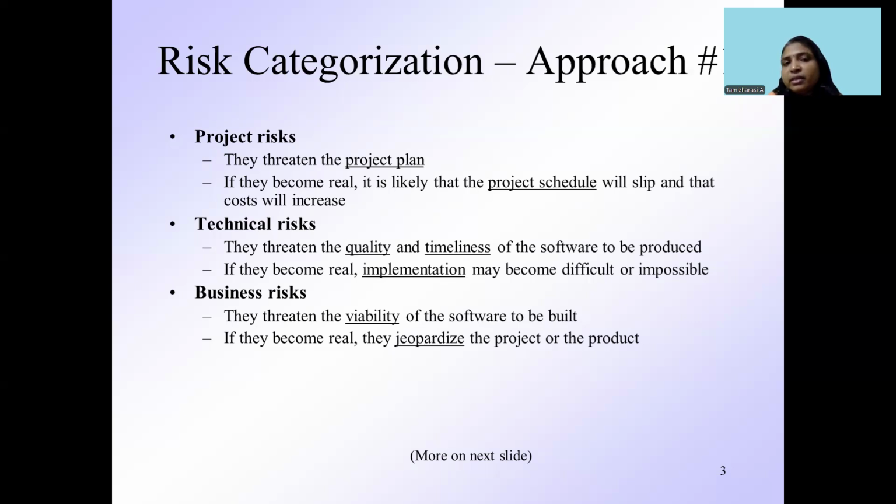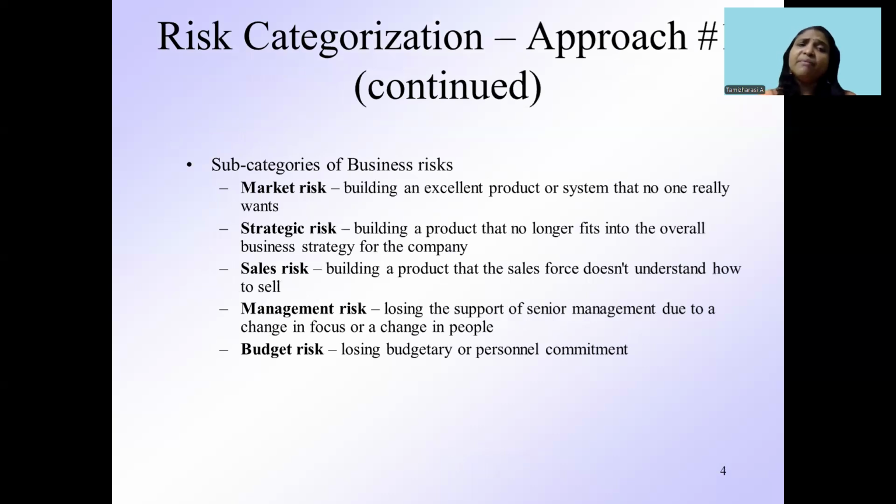Any risk that threatens the viability of the software is business risk. Under business risk, again, there are market risk, strategic risk, sales risk, management risk, and budget risk. These are some of the categories of risk.